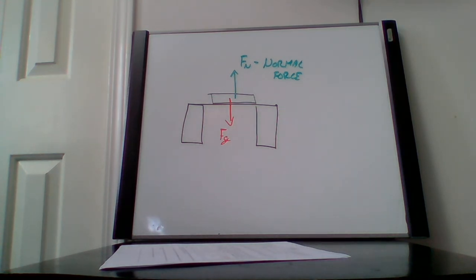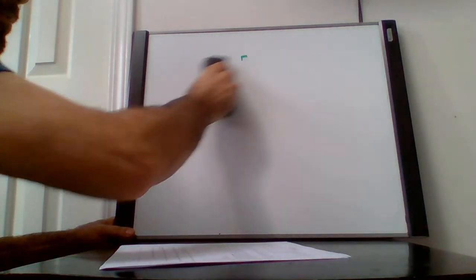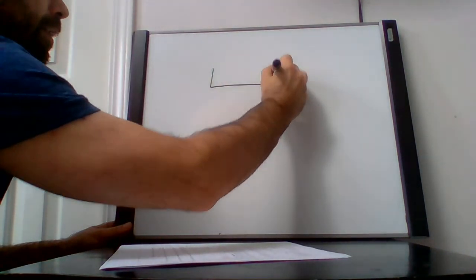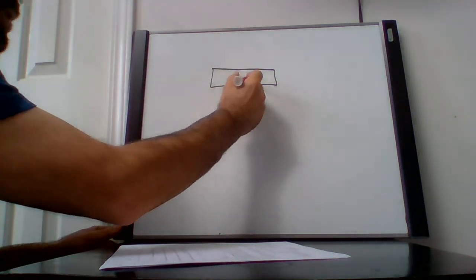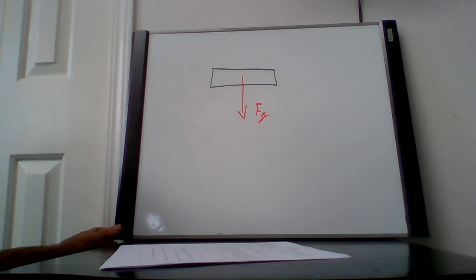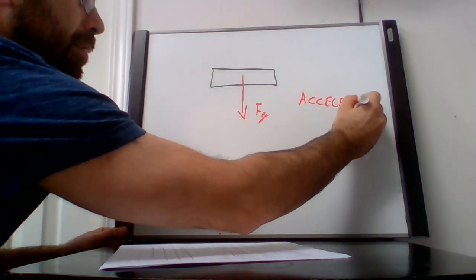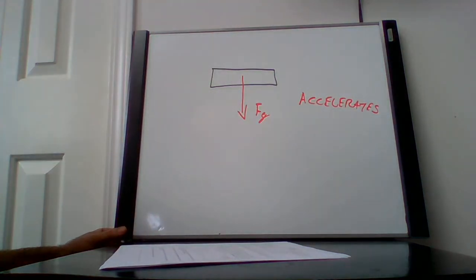Okay, now if we were to all of a sudden get rid of this table and all we had was our book, and let's say we're dropping it from a height, well, we have an unbalanced force here because we've just let it go, and so the only force we have acting on it right now is the force of gravity, which means that the book accelerates towards the ground.